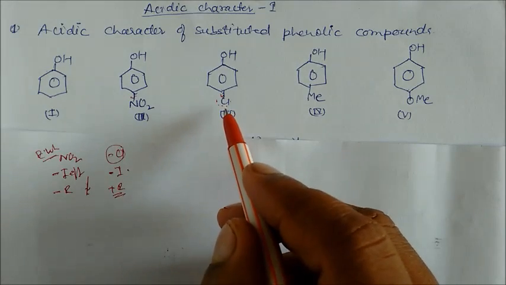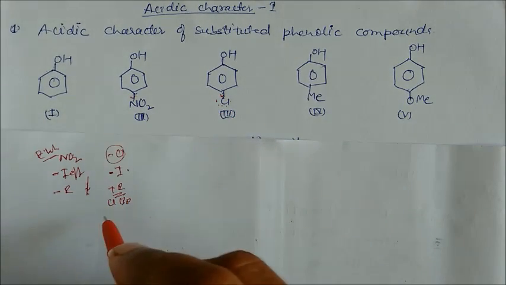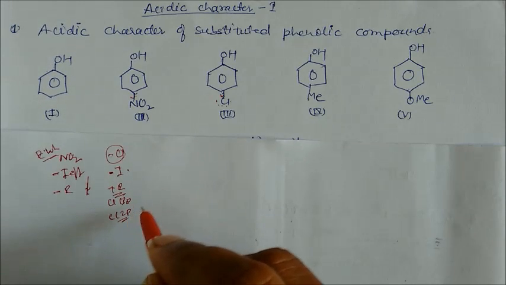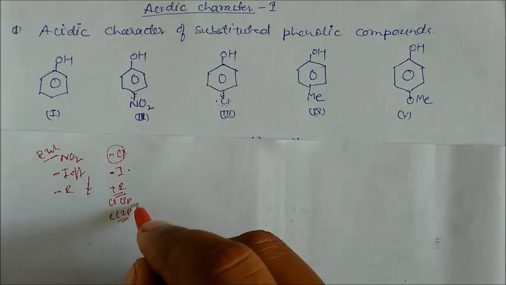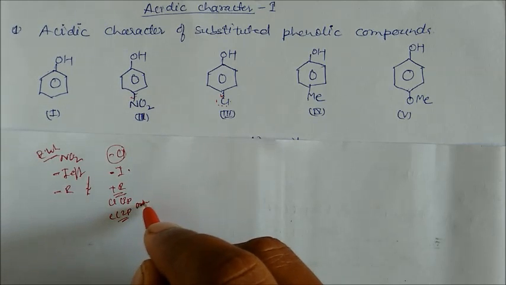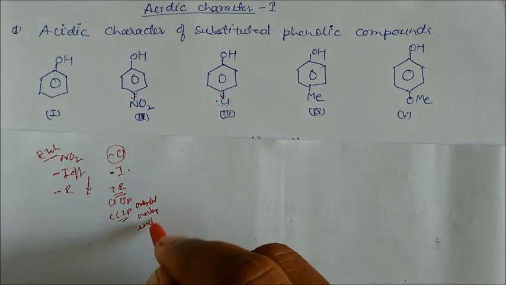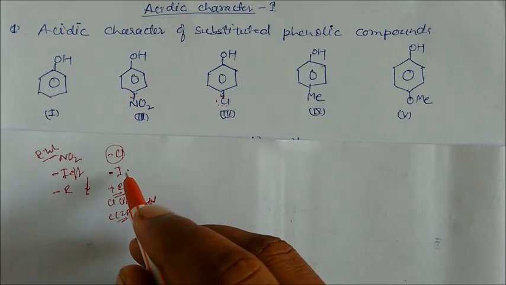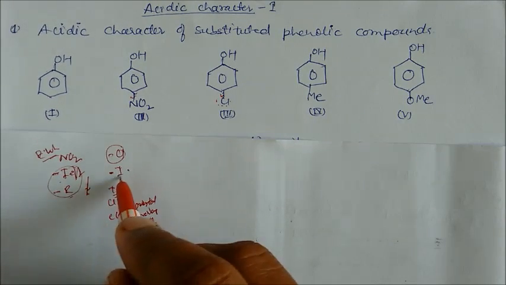But one more possibility: Cl has a 3p orbital, and carbon has a 2p orbital. So in the 3p-2p, the orbital overlapping is ineffective. So in this case, the minus I effect is more.